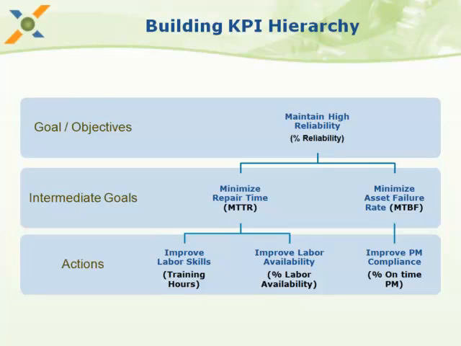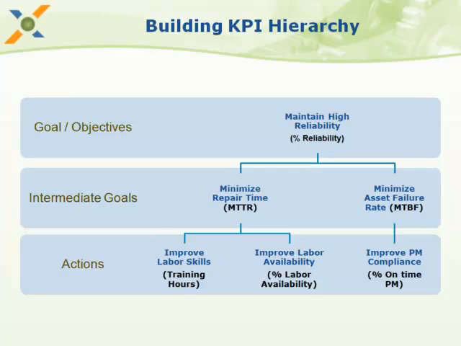The goals, let's take an example here, is maintain high reliability. So you may have a KPI called % reliability. And then, again, there may be multiple factors, but just to build a case here, we are going to say that the reliability will depend on two factors.